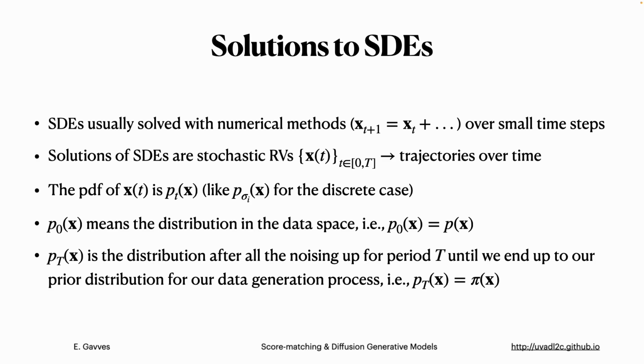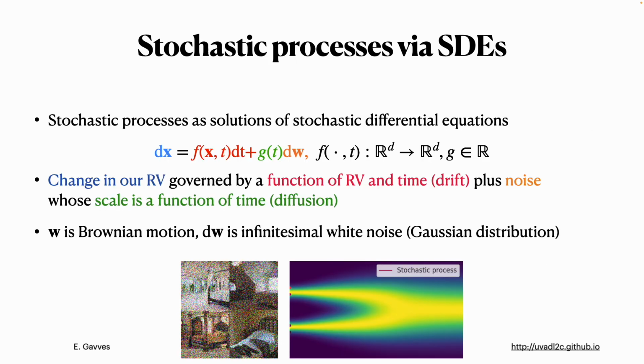Small time steps means that for dx, you don't assume that you've got xt plus 1 minus xt, but you've got a very small temporal increment between the two. So you have a delta t that is less than 1.